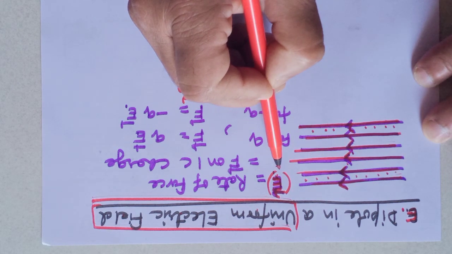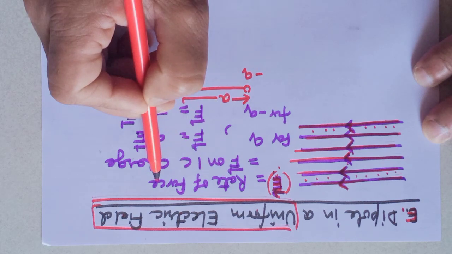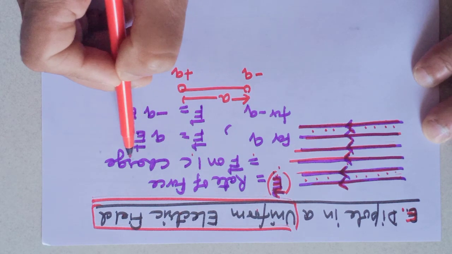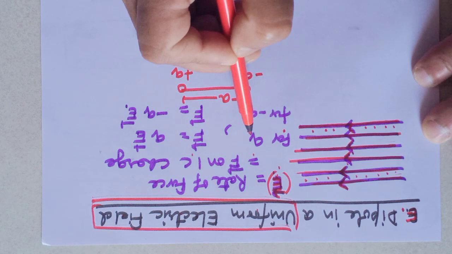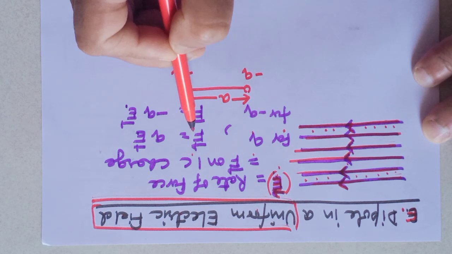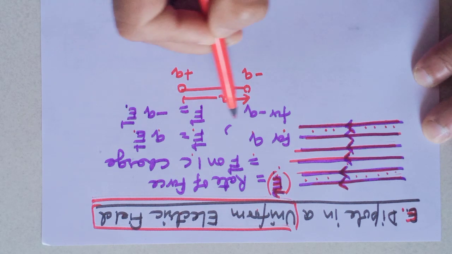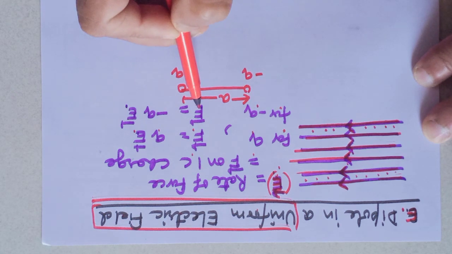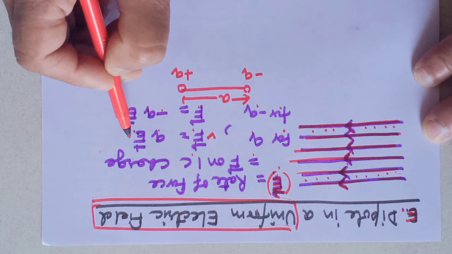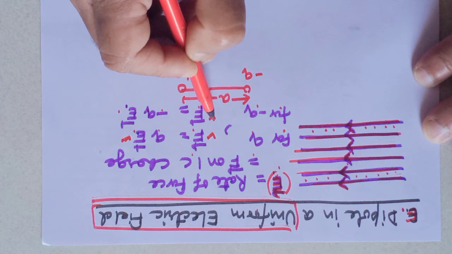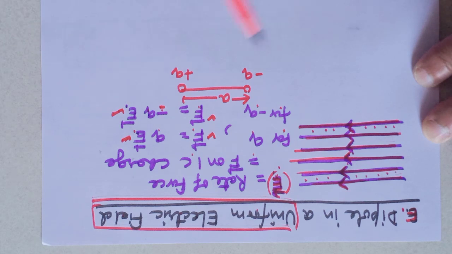Electric field intensity is nothing but the force on 1 coulomb charge, so for Q charge the force will be Q into E. For minus Q charge, the force will be minus Q into E. So here the force is parallel to the field, and here the force is anti-parallel to the field.